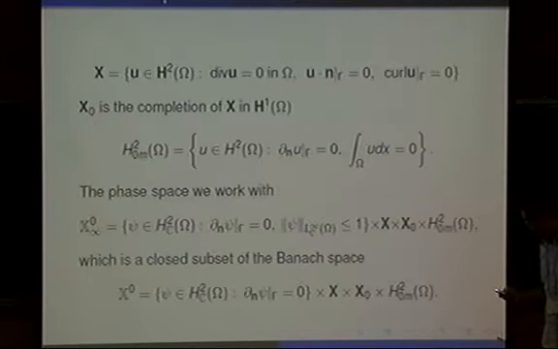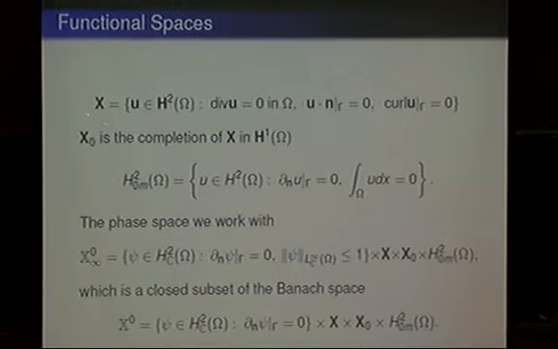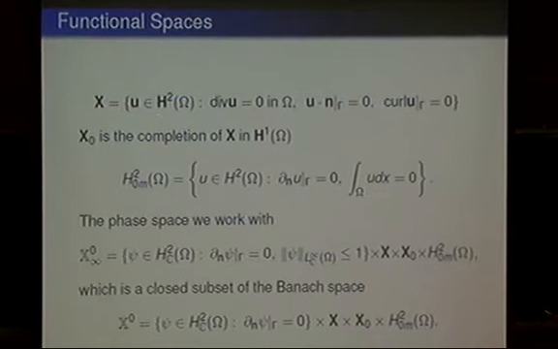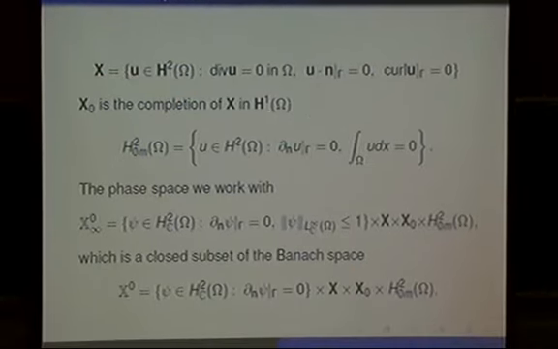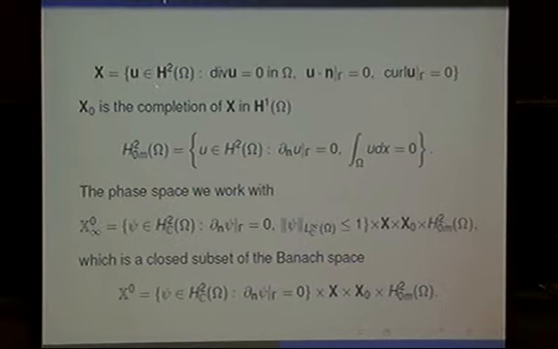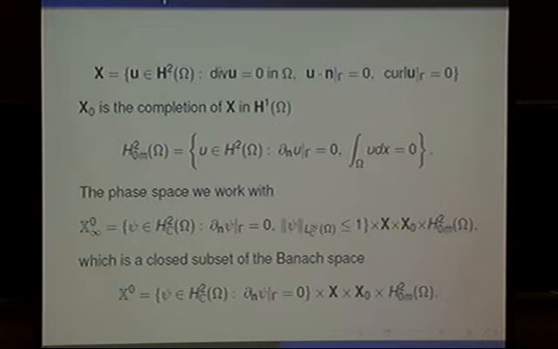Here are some functional spaces for our system. We denote capital X to be the space for the electromagnetic vector potential A, and X0 is the completion of X in H10. And this space is for the electric potential.